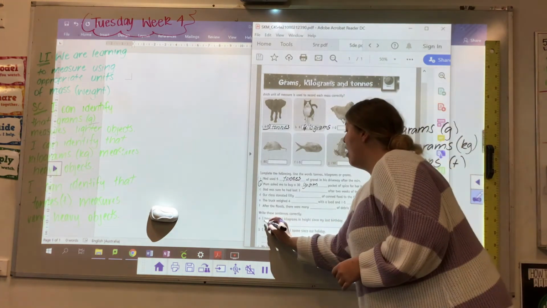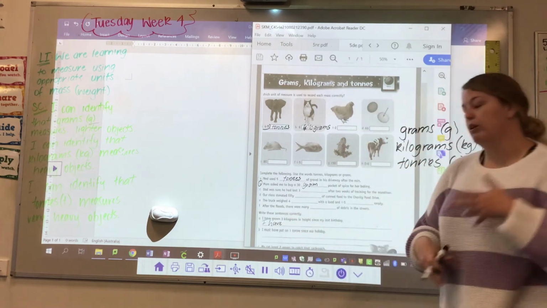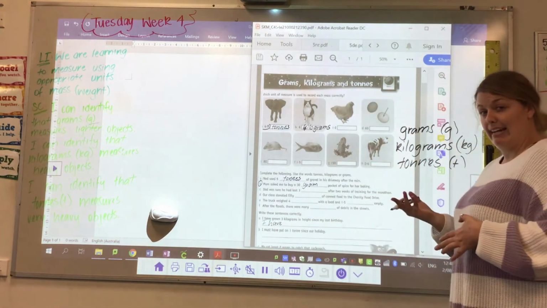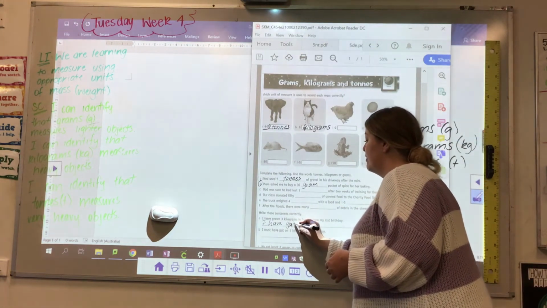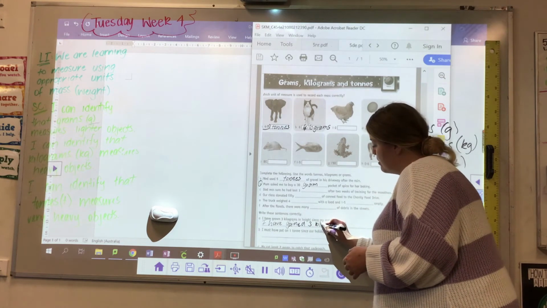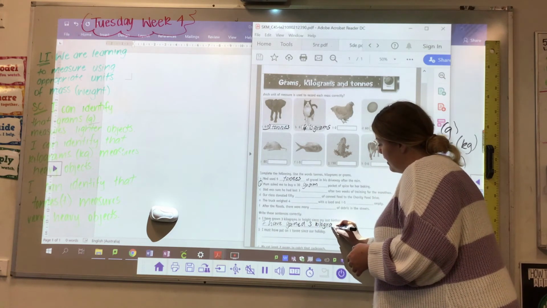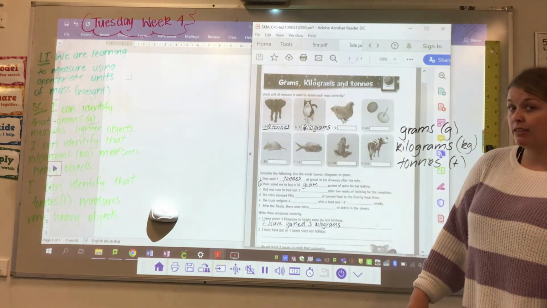So, I have, do we grow or maybe have we gained? Yep, I have gained 3 kilograms. And we said it's not measuring height, it's measuring weight.